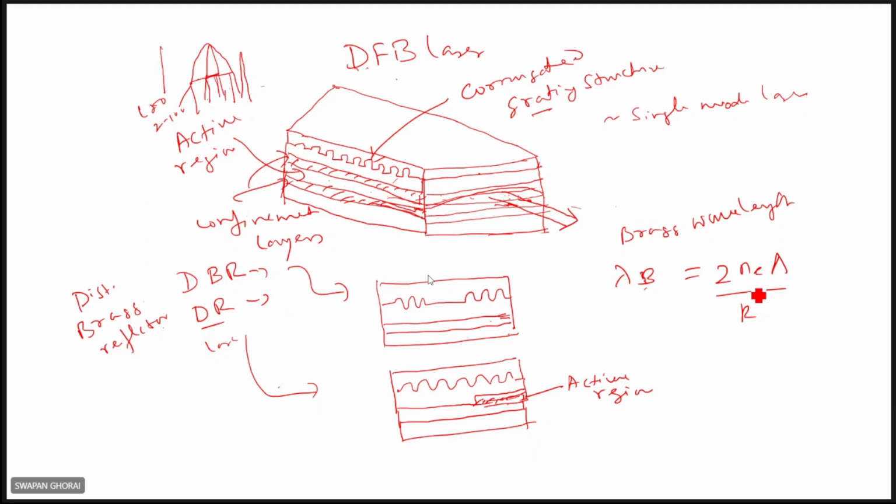K is the order of the grating. This K is not 2 pi by lambda, and it is not a proportionality constant.